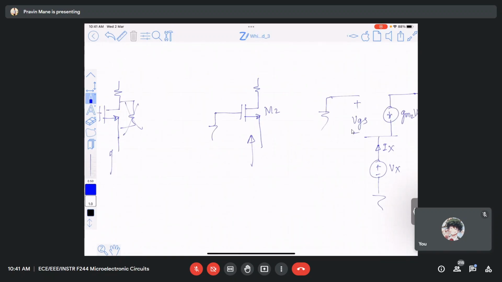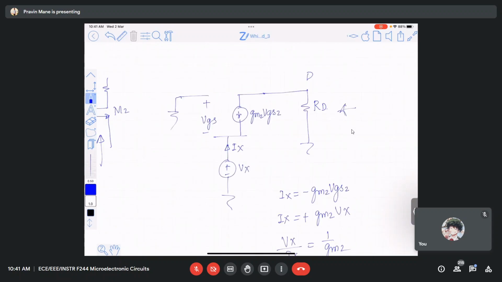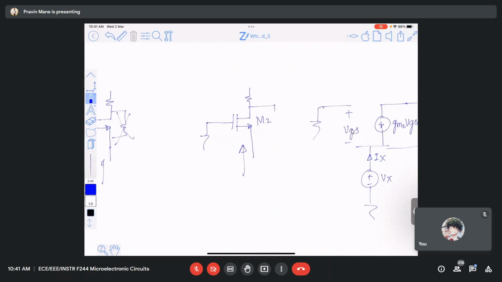When I look from here, when RO is absent, it is 1 by GM. If RO is present, then something different will happen. Can anybody remember what happens to the impedance if RO is present here? It is RD plus RO divided by 1 plus GMRO.